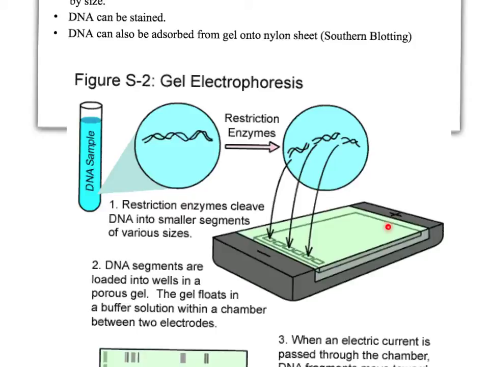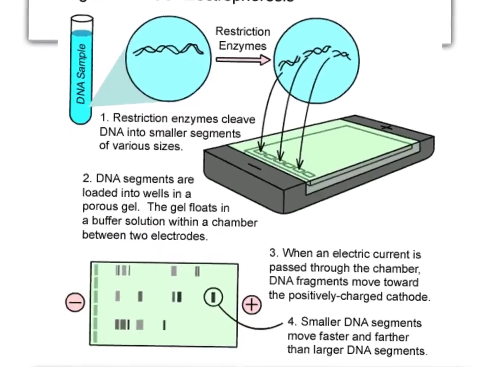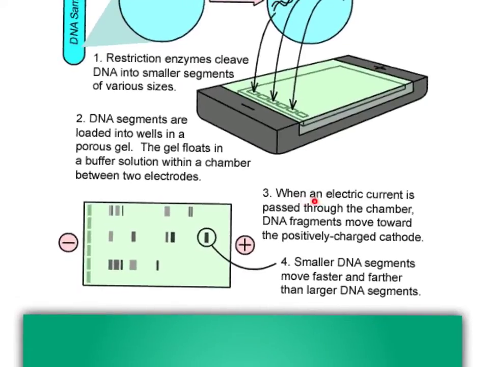Okay, so just going through the diagram here, the DNA segments are loaded into wells in a porous gel. The gel floats in a buffer solution within a chamber between two electrodes. When electric current is passed through the chamber, DNA fragments move towards the positively charged electrode. So here we've got our different fragments of DNA moving along.